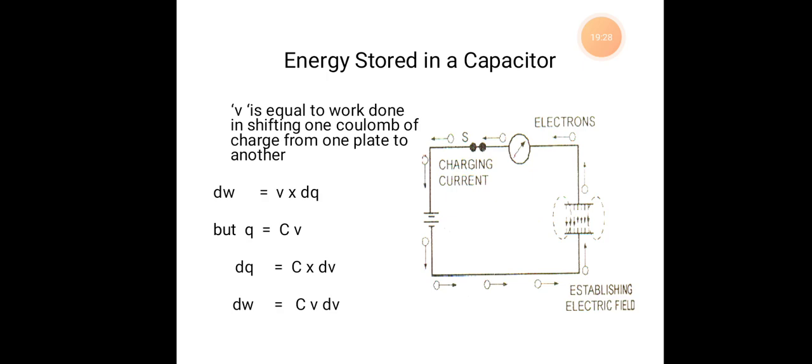So you can write the change of work done dW is equal to V into dq, and substituting dq as C into dV, dW is equal to CV dV.